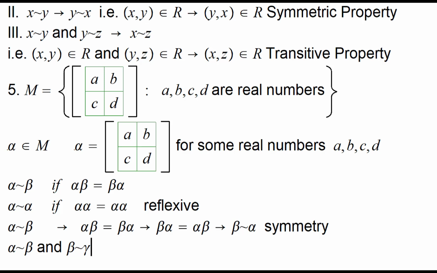So what we want to show is that if alpha is related to beta and beta is related to gamma, that means we have beta gamma equals gamma beta.